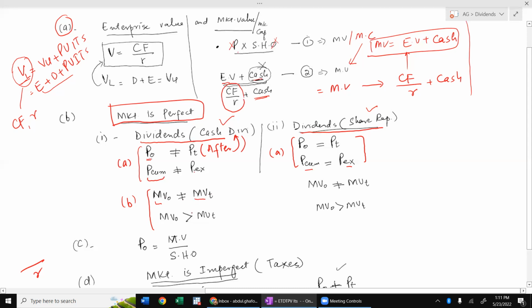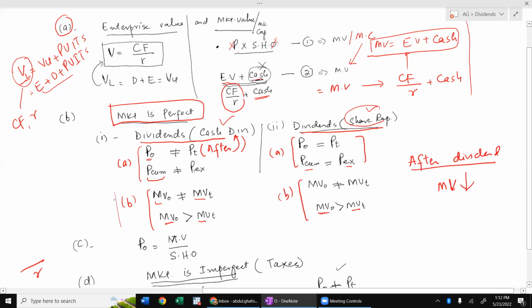The market value before the payment of cash is always higher than after the dividend is paid. After any dividend decision, whether share repurchase or cash dividend, the market value of the company will decrease. In other words, MV0, before, is always higher than after. So this is point number B.